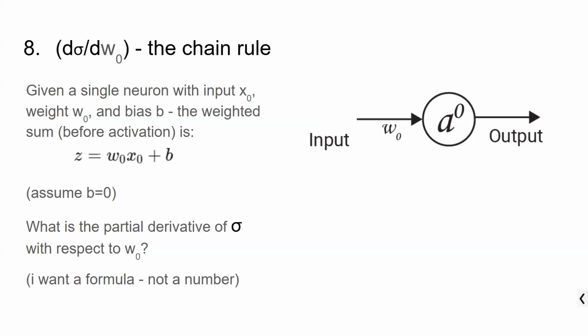What is going to be the partial derivative of sigma with respect to this? And what's the formula? Can you give me a formula without using Z? No Z's allowed.